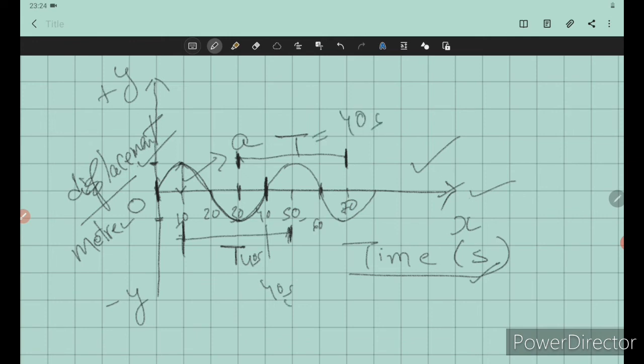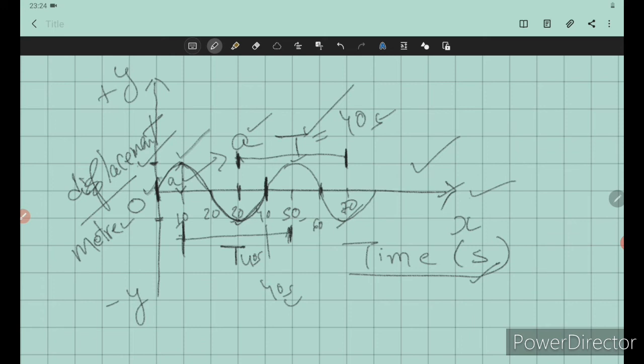So every time the time period comes the same, either you start measuring from the origin, or from one crest to another crest, or from one trough to another trough. This is for a given medium. I hope you have understood the graph. From the graph we can calculate the time period T and the amplitude A, etc.